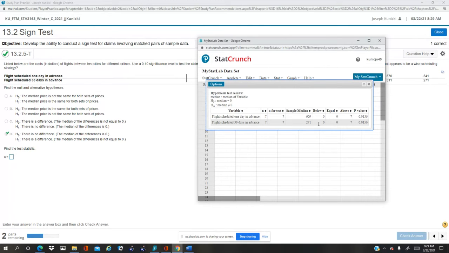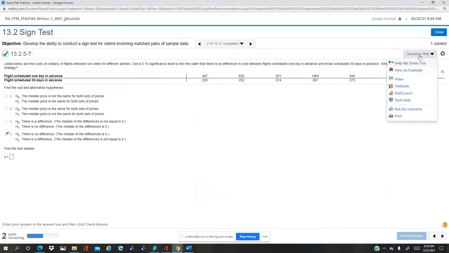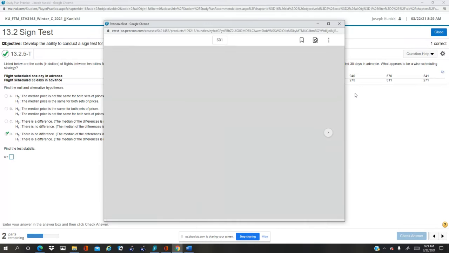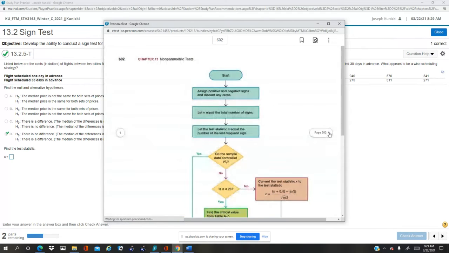So the test statistic by the flow chart, which is found on page 603, I guess we could look at that. So it says assign positive and negative signs, discard any zeros.